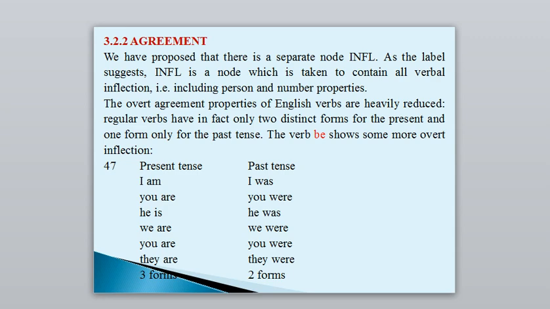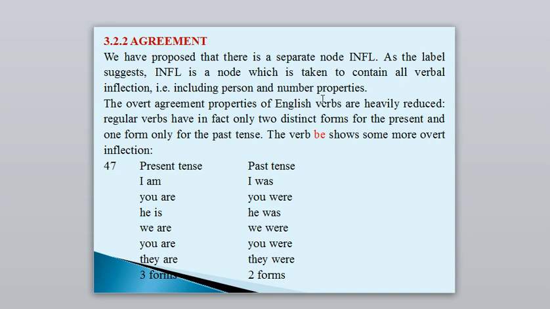So I want to talk first about agreement. We have proposed that there is a separate node, inflection. As I told you, instead of auxiliary we can use inflection, which shows the tense, for example. As the label suggests, inflection is a node which is taken to contain all verbal inflection, for example person, number, tense.